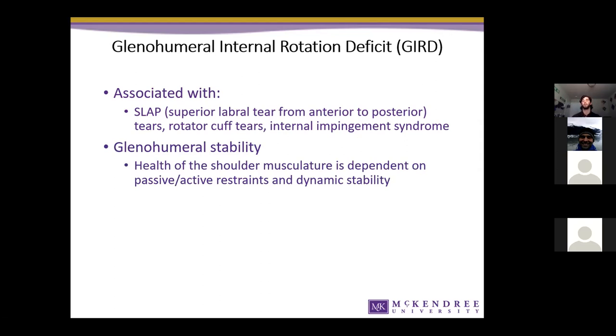The overall health of the shoulder musculature is super dependent on passive and active restraints, as well as the dynamic stability of the eccentric and concentric contracting muscles. That is a mouthful. These surrounding structures, ligaments, and the joint capsule all have to work together and are interdependent on one another to maintain the overall health of the shoulder.